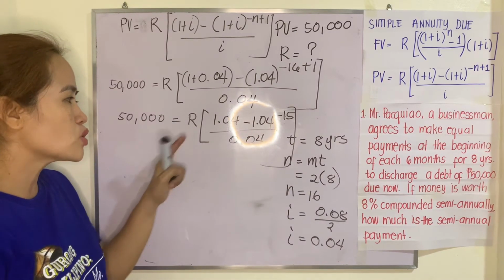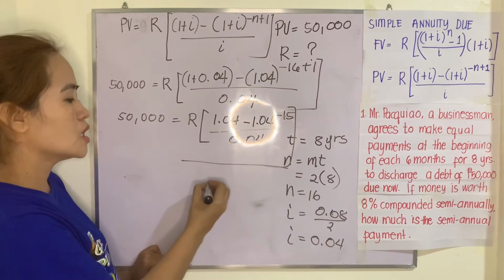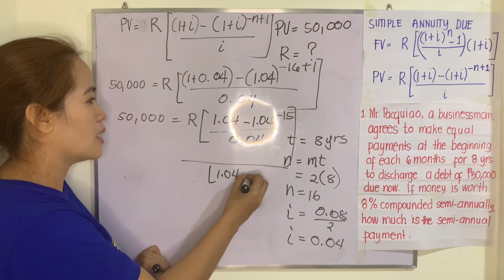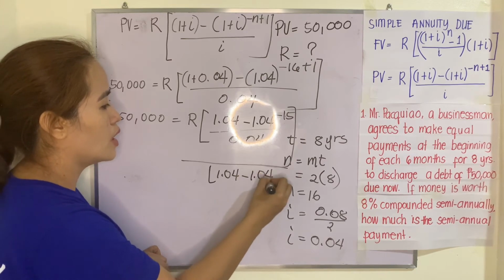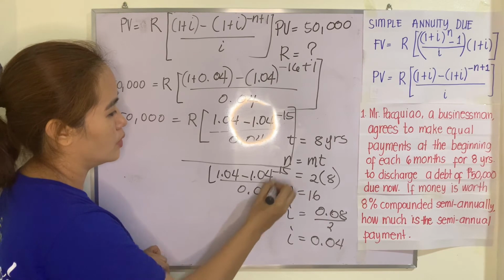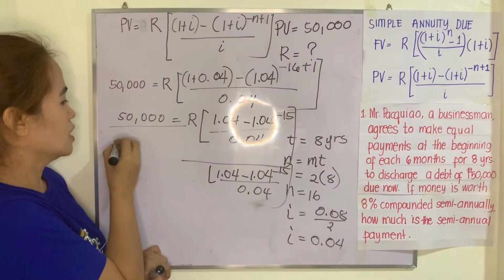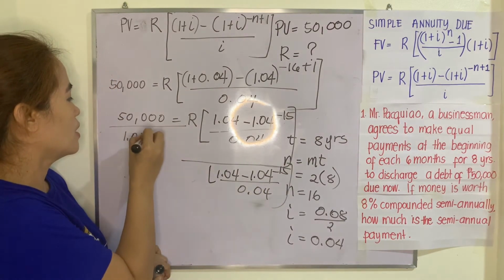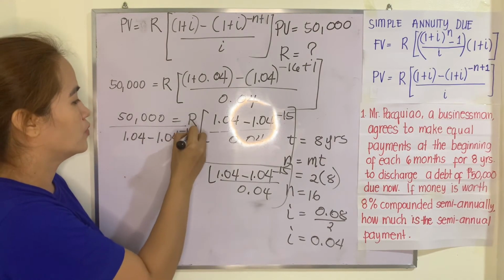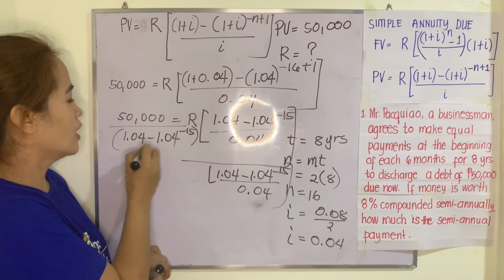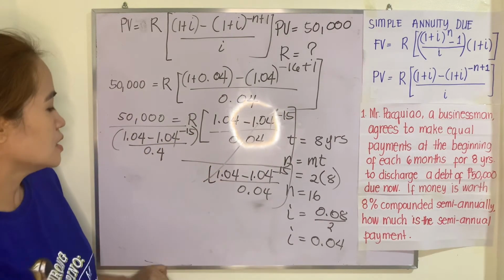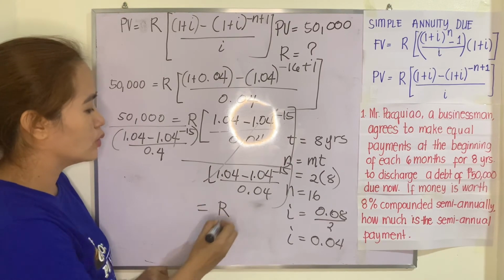How are we going to solve for the R? You just divide both sides by 1.04 minus 1.04 raised to negative 15 divided by 0.04. So this one is 1.04 minus 1.04 raised to negative 15 divided by 0.04. This will be cancelled. How do you calculate this?